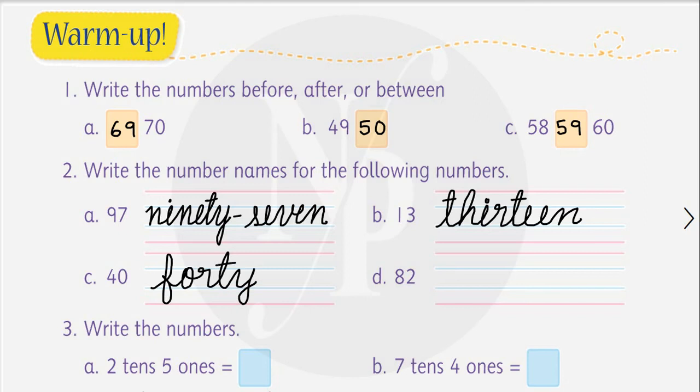D, the number formed by 8 and 2 is 82. Let us write here 82.